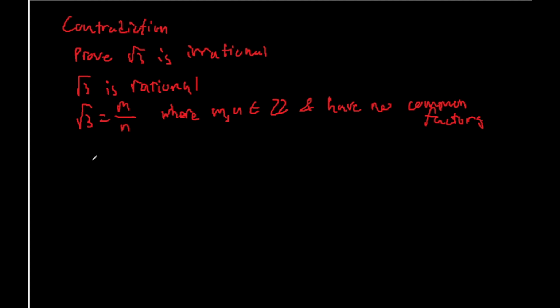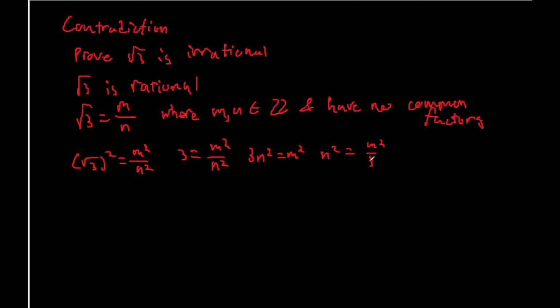So let's move on. Since square root 3 equals m over n, we can say that square root 3 squared equals m squared over n squared, which means that 3 equals m squared over n squared. And so we can say that 3n squared equals m squared. And now we can divide 3 on both sides to get n squared equals m squared over 3.